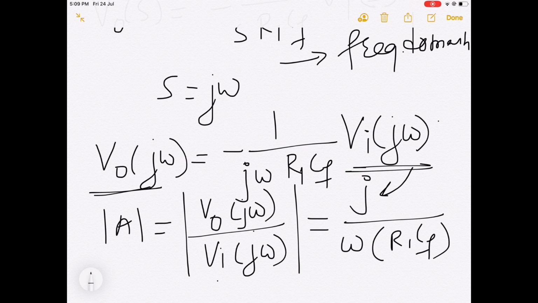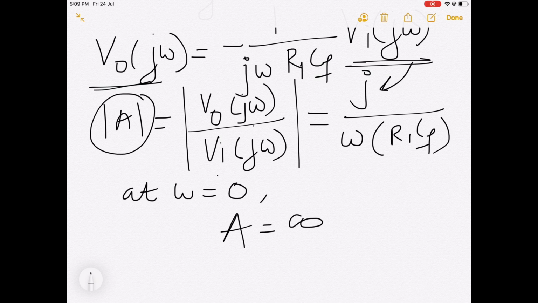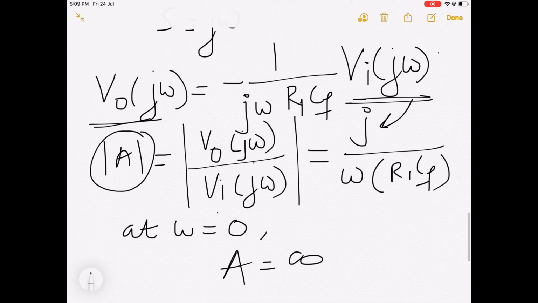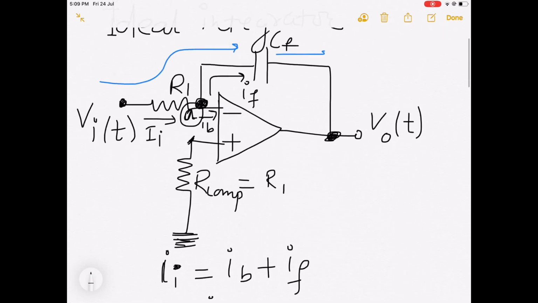Okay. So what happens here at omega equal to 0, that is when the frequency is very low or 0, is that the gain of the integrator is infinite. Also, the capacitor acts as open. As gain is infinite, meaning very high gain, the capacitor present in the feedback path acts as an open circuit, and hence there is no negative feedback, and thus the op amp operates in open loop form, and hence gain becomes infinite.